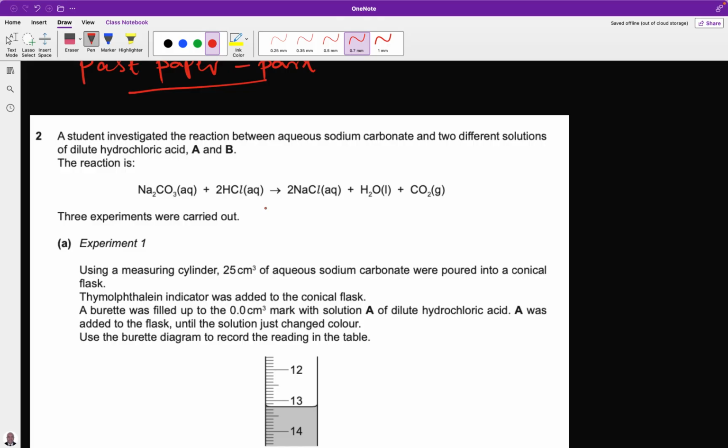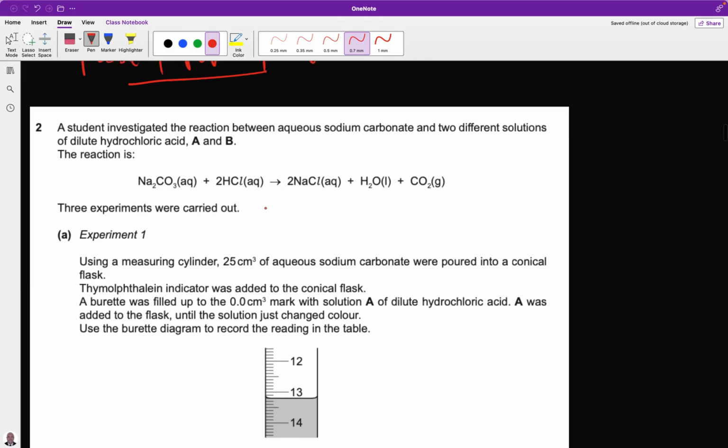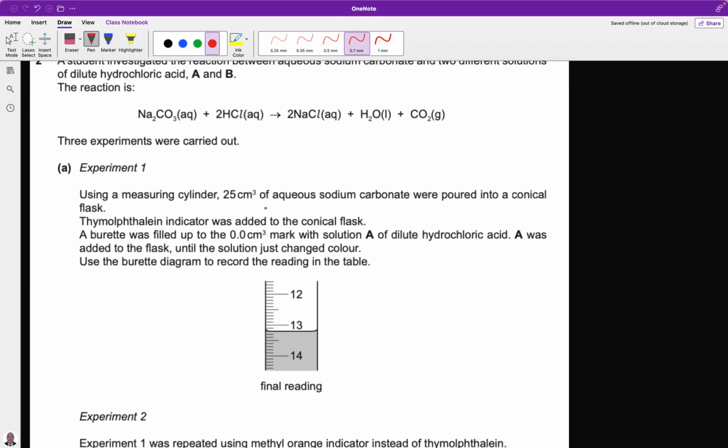3 experiments were carried out. Experiment number 1: using a measuring cylinder, 25 cm3 of aqueous sodium carbonate were poured into a conical flask. Thymolphthalein indicator was added to the conical flask.